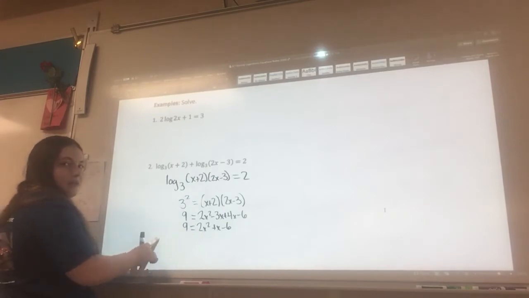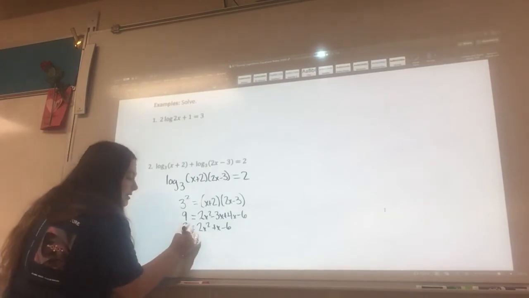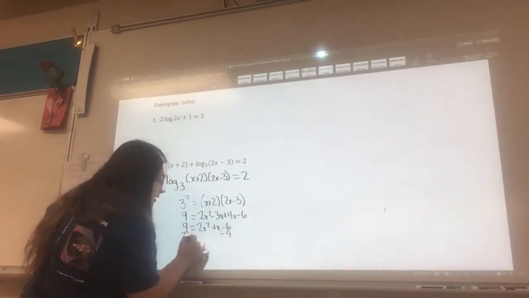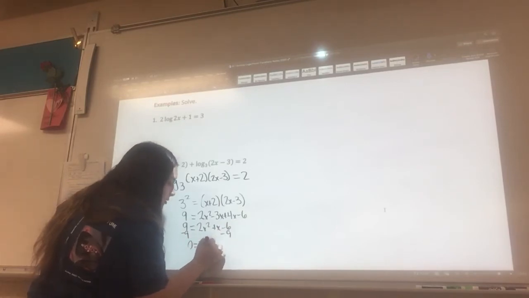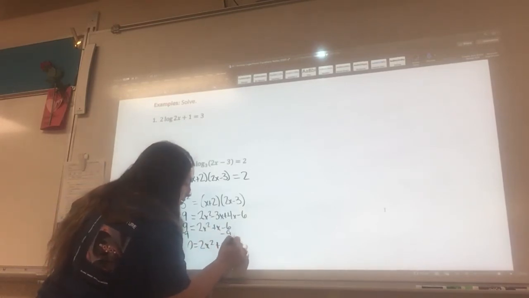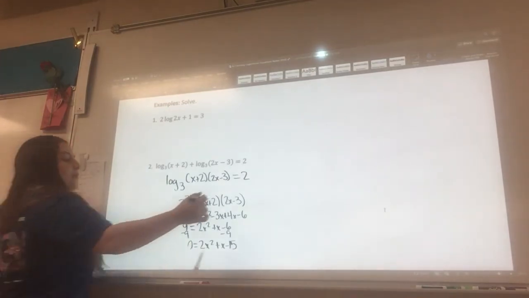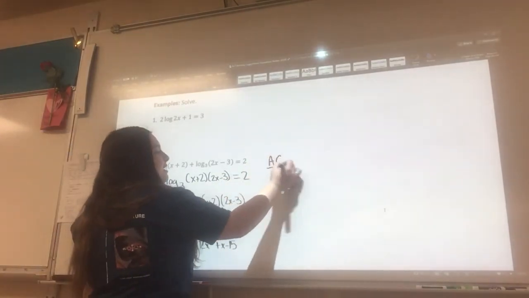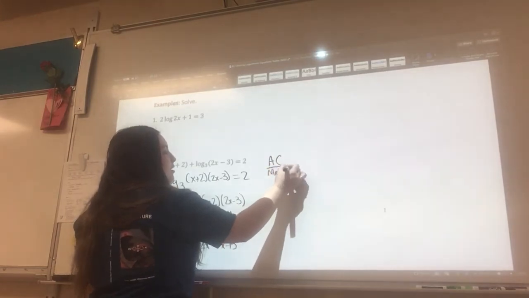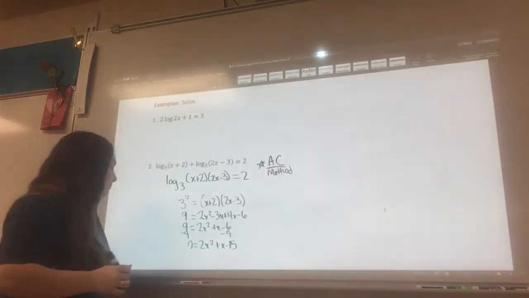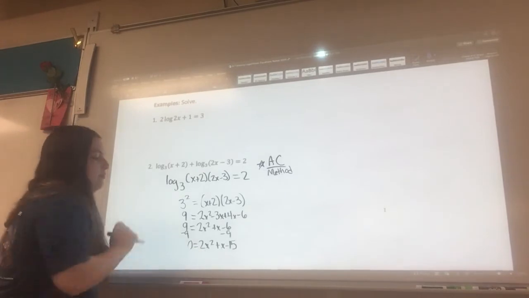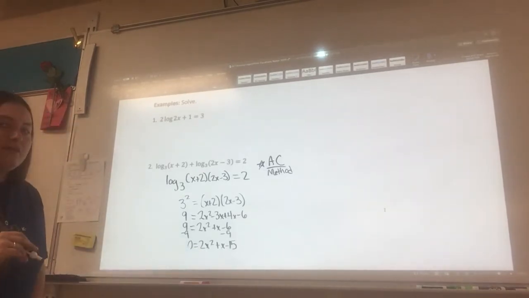We're starting to see where this is going. So we're going to minus 9, because what we need to do is set the equation equal to 0. That's something you're used to. It should be. We are going to be doing the AC method. I know all of you love it, but we're going for it. So we have 2x squared plus x minus 15.